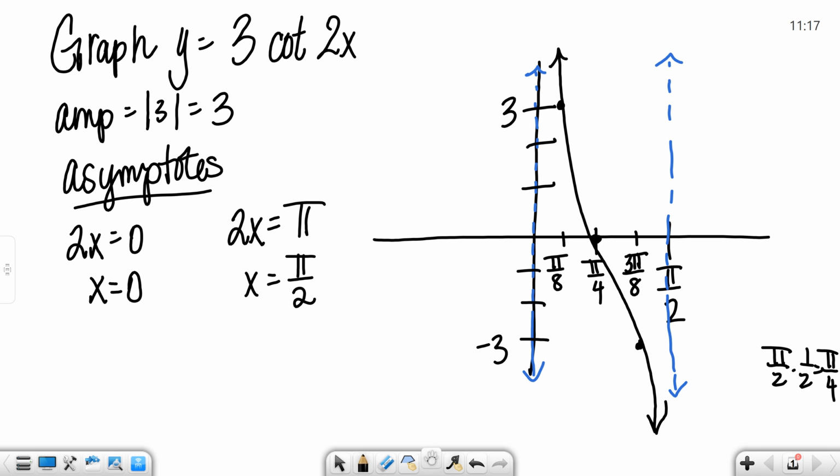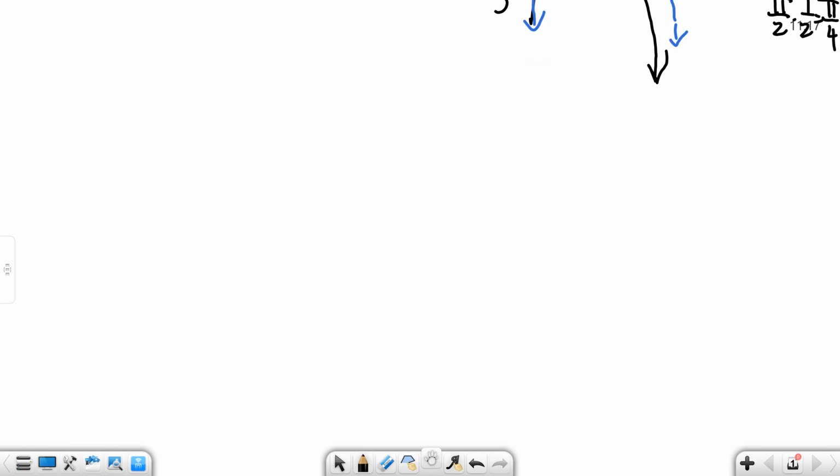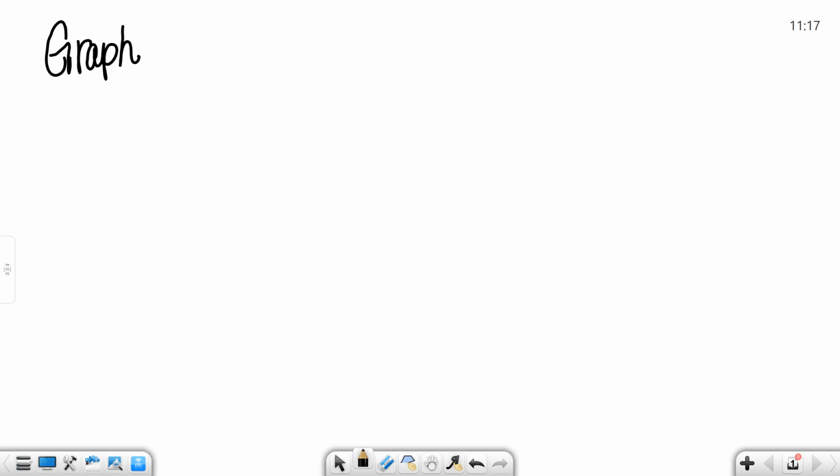Okay, now I told you that in order to do cosecant and secant, you really had to be able to do sine and cosine, and you're about to see why. All right, here's why. When you graph the cosecant of x, we know first of all that that is the reciprocal of sine.